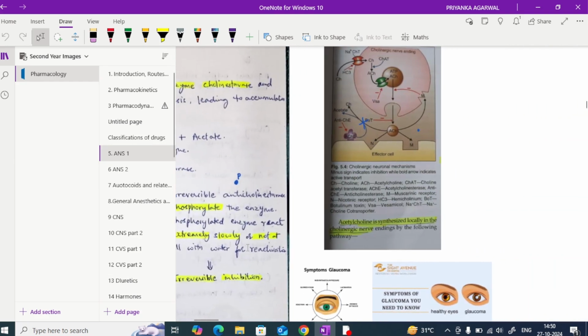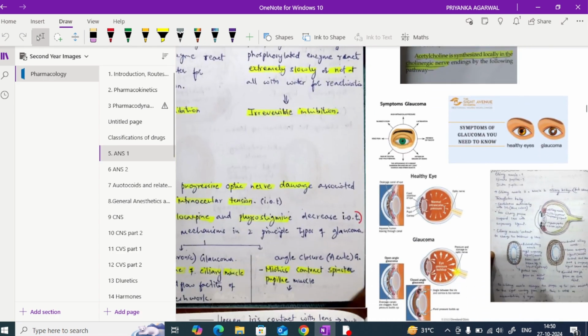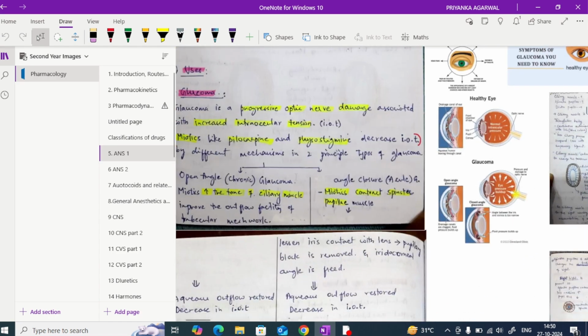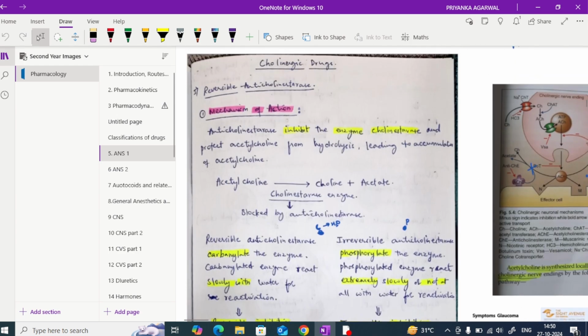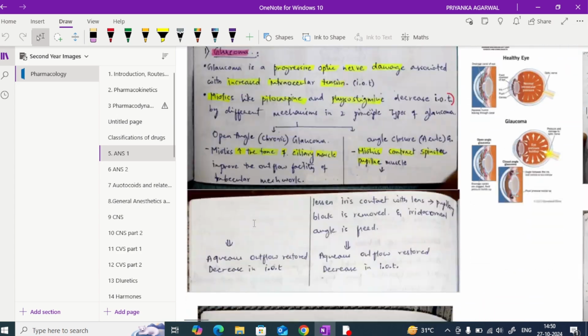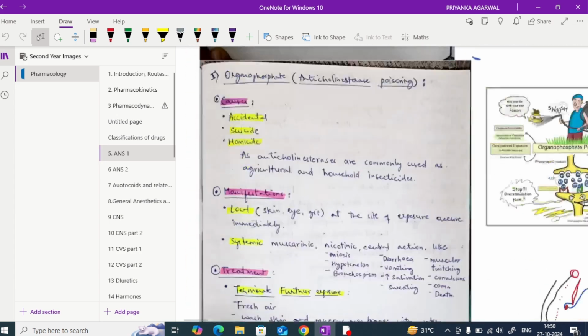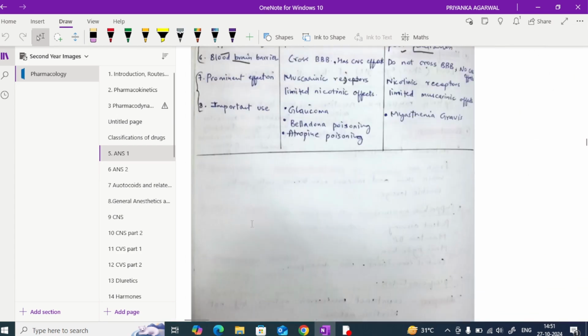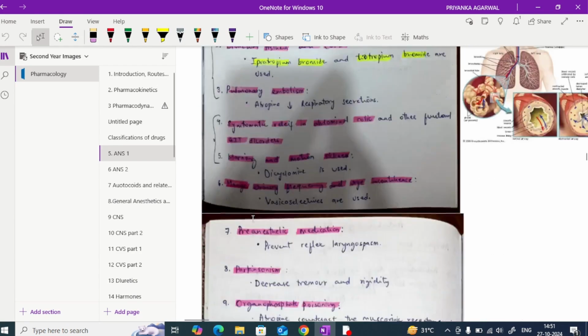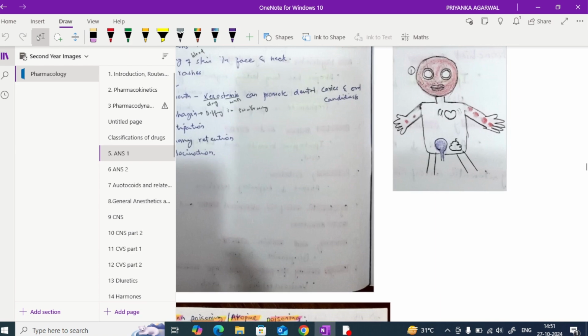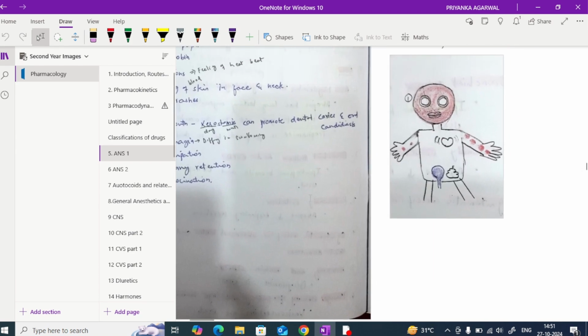And you can see all the pictures here which will make the understanding of the notes even simpler, and retention will be better. Okay, and the best thing about these notes is they are exam presentable. You can write just like this in your exams. So all the tables and, wherever needed, flow charts, most of the mechanisms of action will be presented in the form of flow charts. Okay, so diagrams like this will be there.